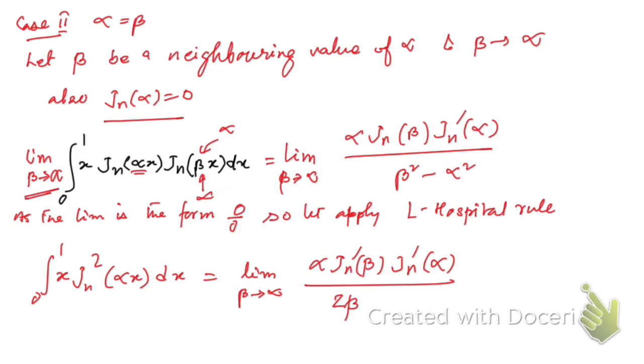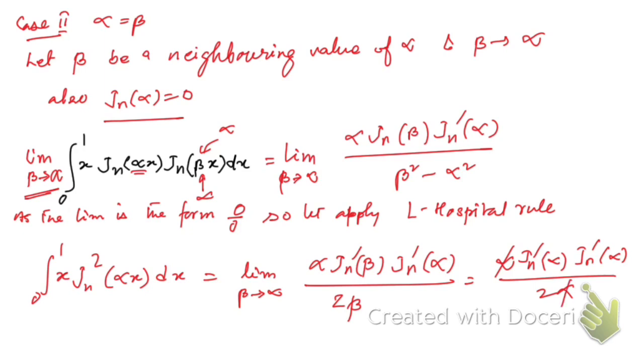And here you see, let me write it properly. As beta tends to alpha, you can replace this beta by alpha. Wherever you have beta, you can replace that by alpha. Then you're gonna have alpha Jn dash of alpha, again Jn dash of alpha, divided by twice alpha, then alpha is gone.